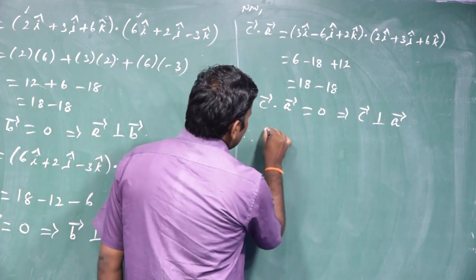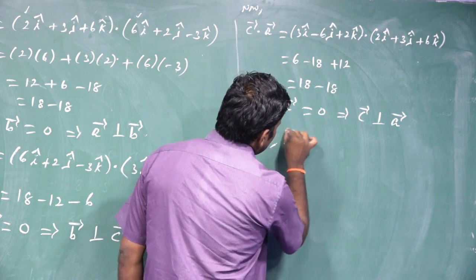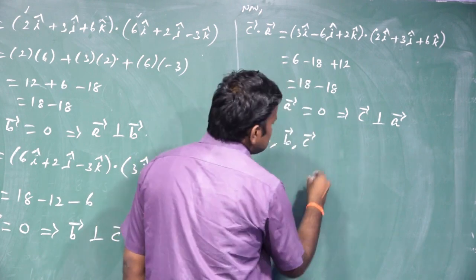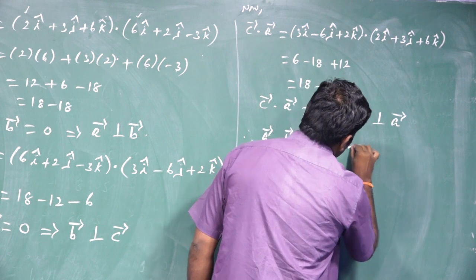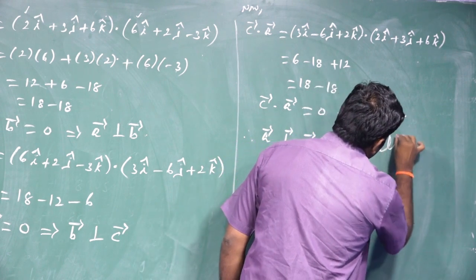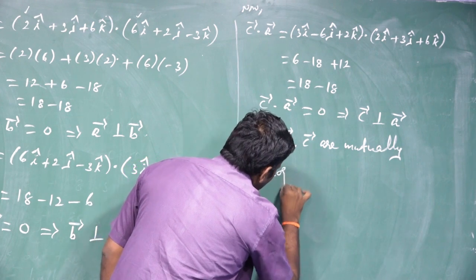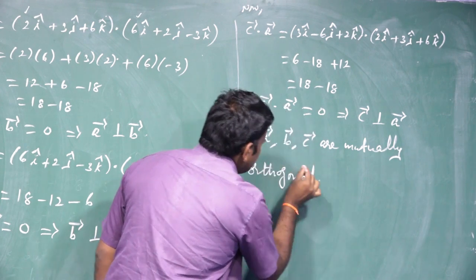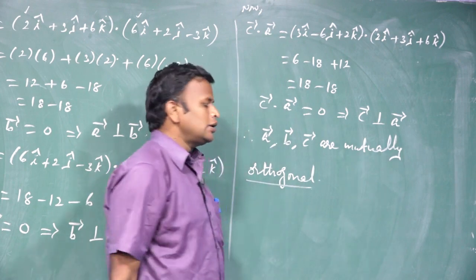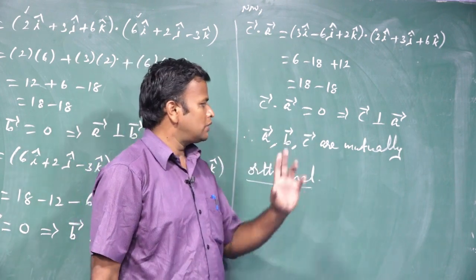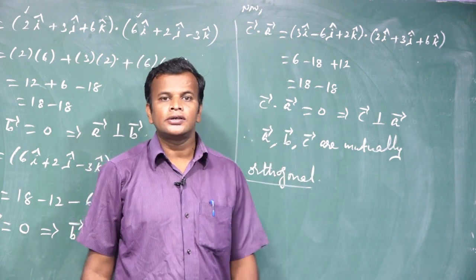Therefore, the given vectors a vector, b vector and c vector are mutually perpendicular or orthogonal. But in our question it is given orthogonal. Therefore, a vector, b vector, c vector are mutually orthogonal.